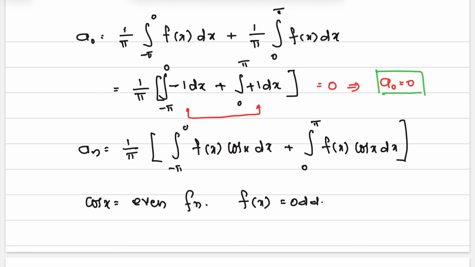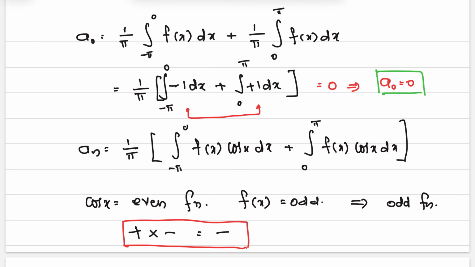When you multiply an even function with an odd function, the result is an odd function.